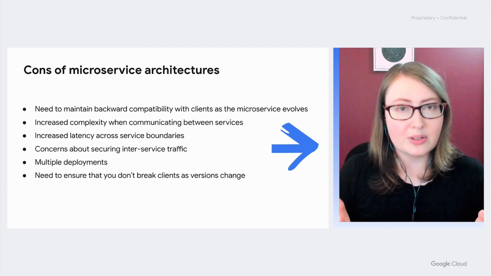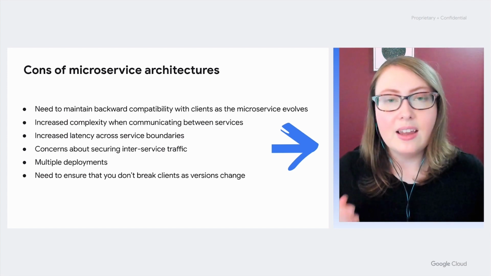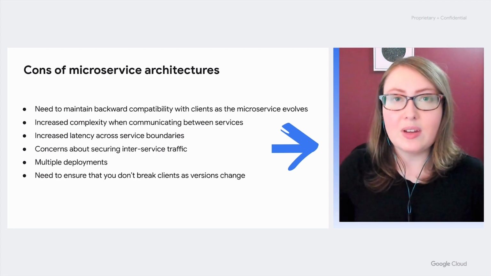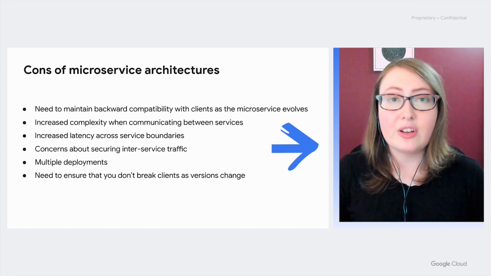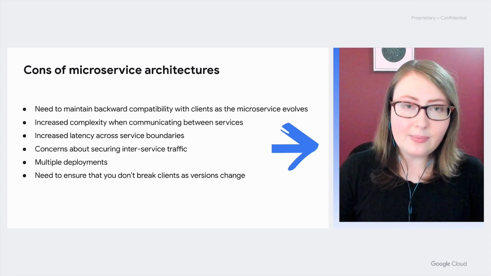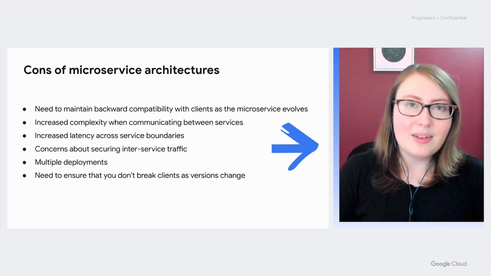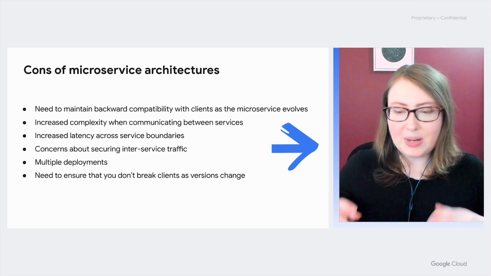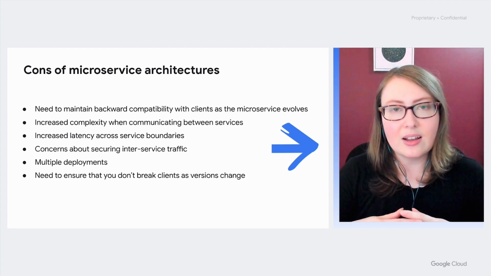There are also then, of course, concerns about securing inter-service traffic. If you have all the services communicating with each other across the network, then you have to worry about securing that traffic. An increased number of deployments also means that there's more things to worry about as each piece of the microservice hopefully iterates faster and deploys quicker.